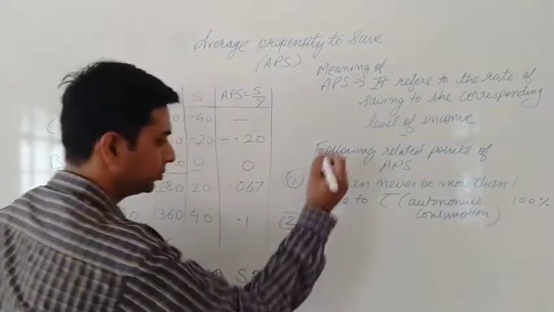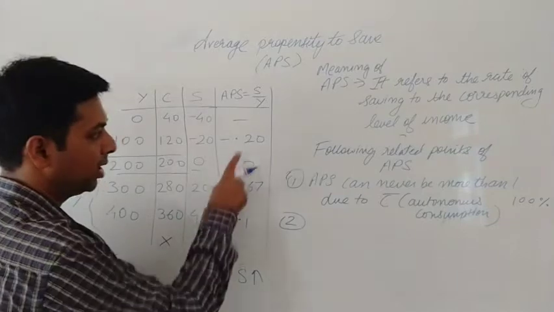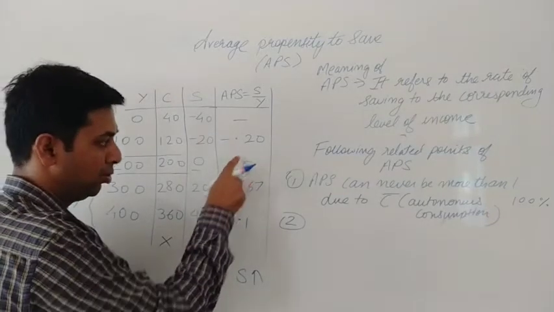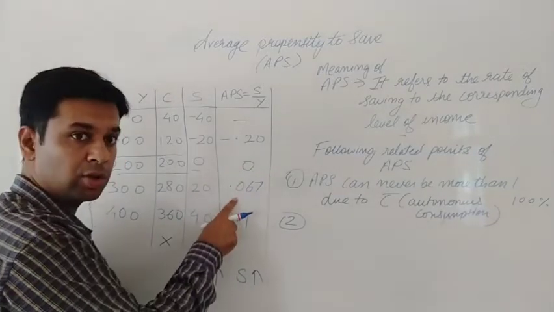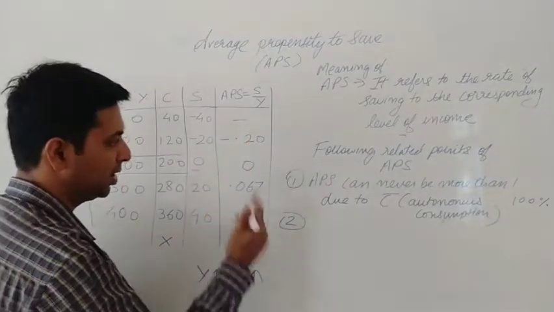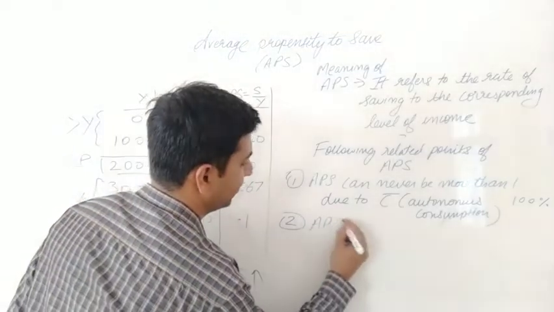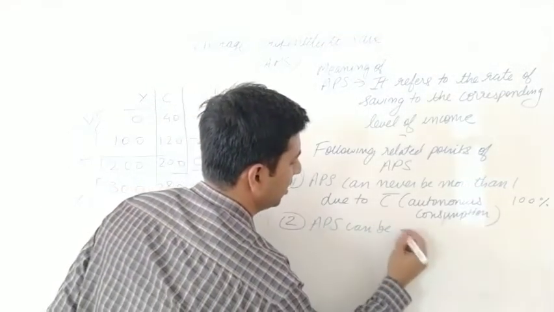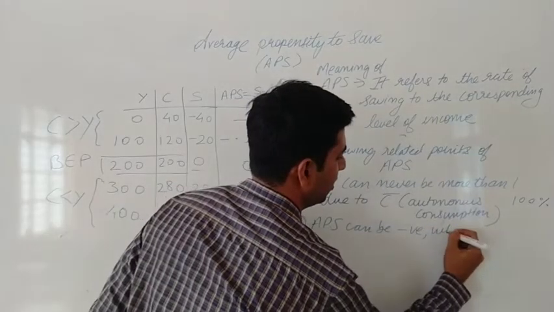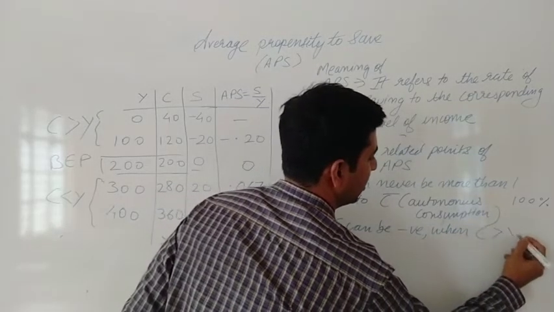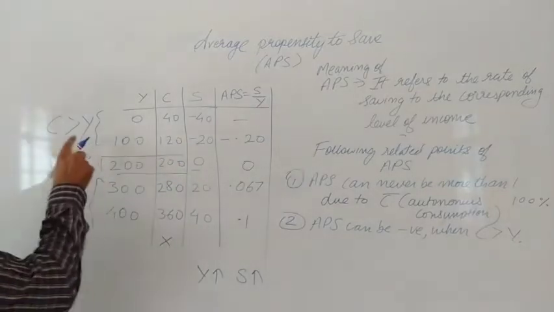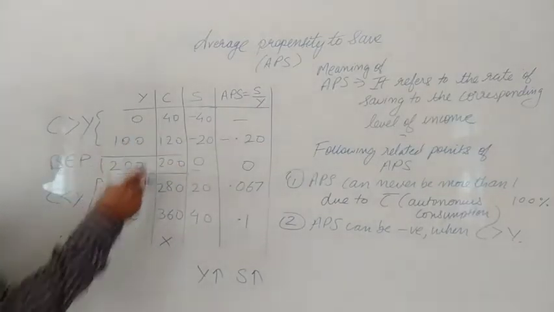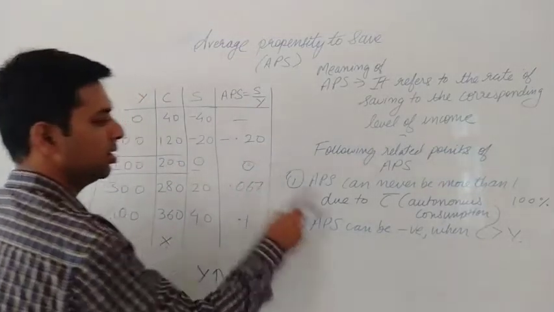Then the second point: can APS be negative or not? Yes, it can be negative, it can be 0 also, it can be less than 1 also. These three points you will have to write from here. APS can be negative when your consumption is greater than income. Here your consumption is greater than income, that's why your APS was negative.